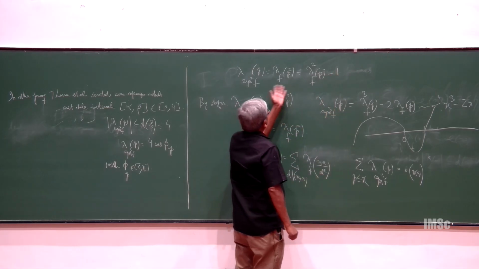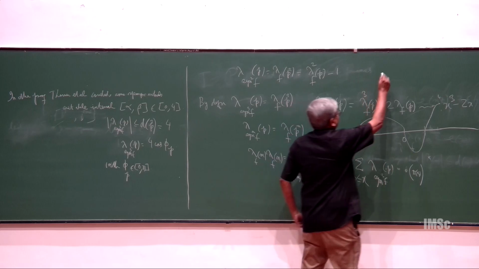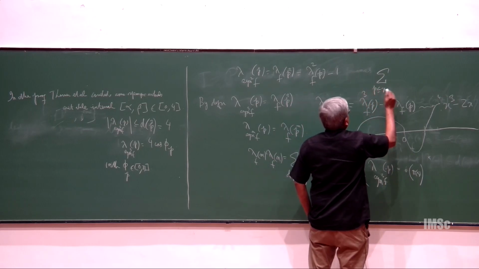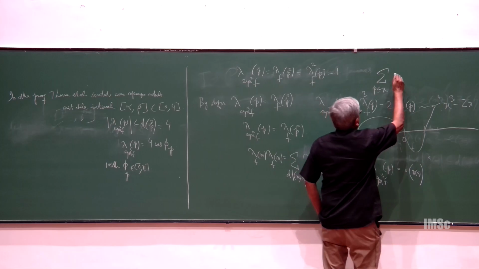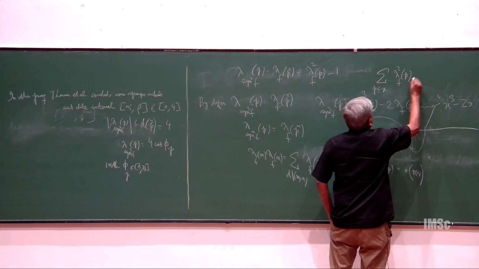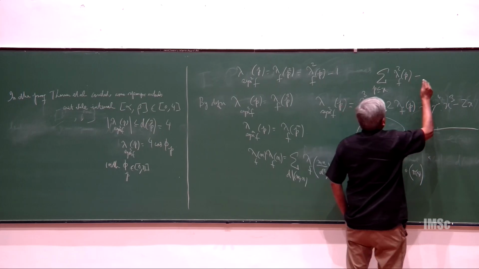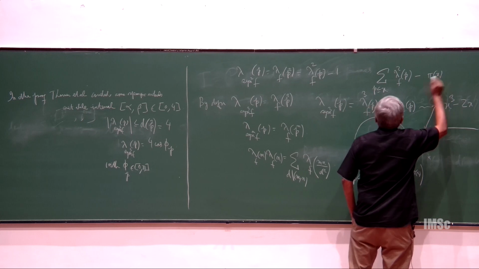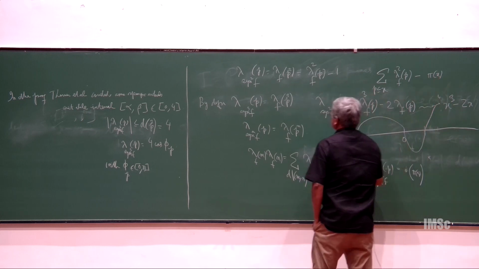So let's compute the mean of this. I'm looking at the sum over p less than or equal to x of lambda f squared at p minus 1, that is basically pi(x), just pi(x), the second sigma 1.